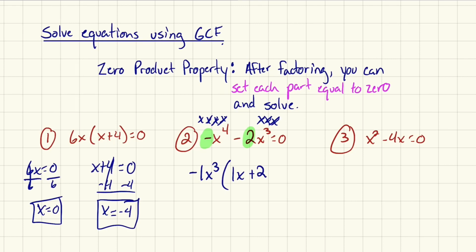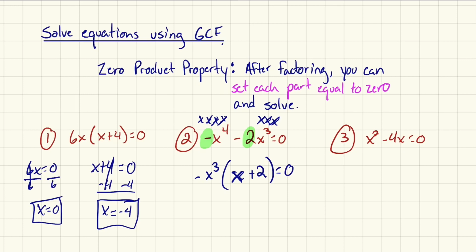And x to the third times 1 is x to the third, so we don't need to put anything there. And now we have our factors: negative 1x to the third times (x plus 2). Just as we can remember, we don't ever include these ones, so we just say negative x to the third and (x plus 2).